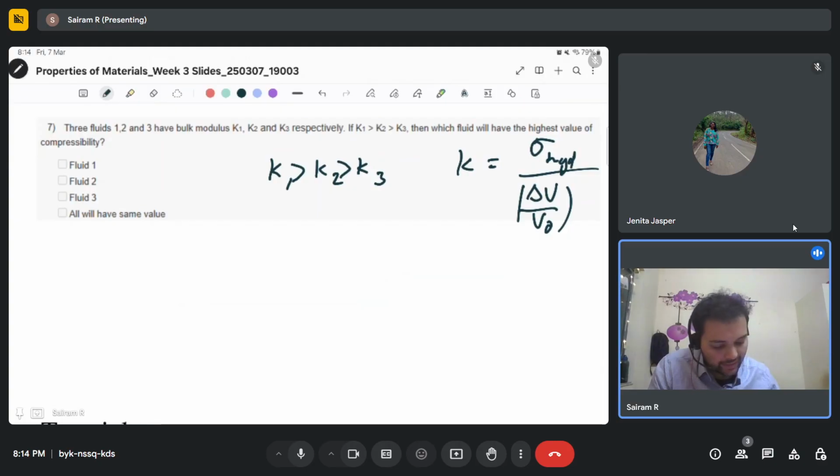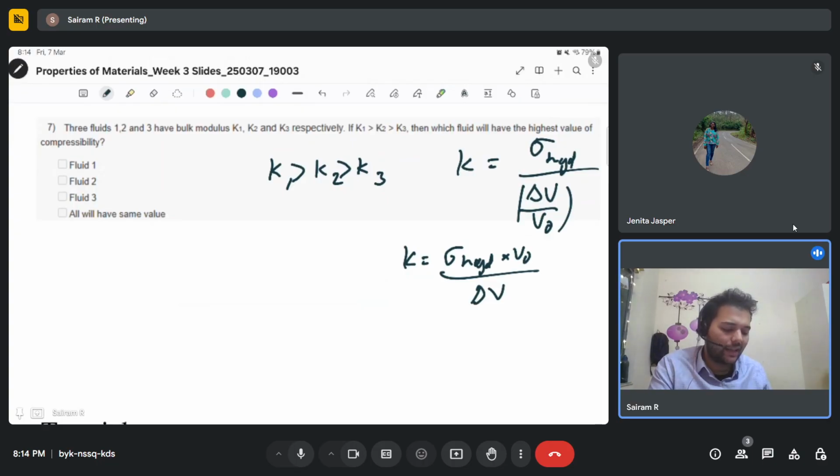This becomes sigma hydrostatic into V naught by del V. Assuming sigma hydrostatic and the initial volume are the same for all three fluids, this becomes a constant. We are basically dealing with inverse proportionality between compressibility and the bulk elastic modulus.